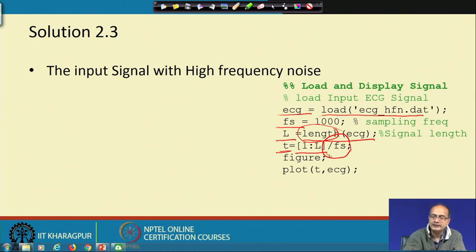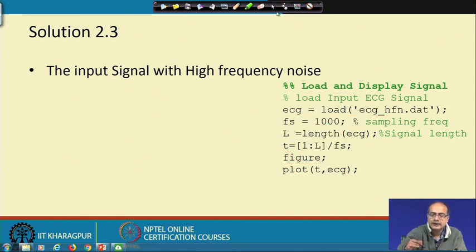In fact, we are multiplying by 1 by Fs, which is the time interval between two samples. Next, we create the figure using the command figure, and we plot the signal ECG with respect to the x axis, which is the time axis t.